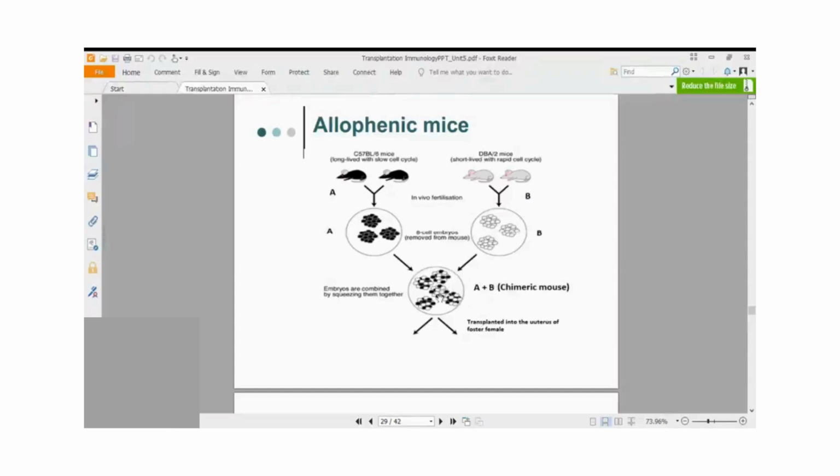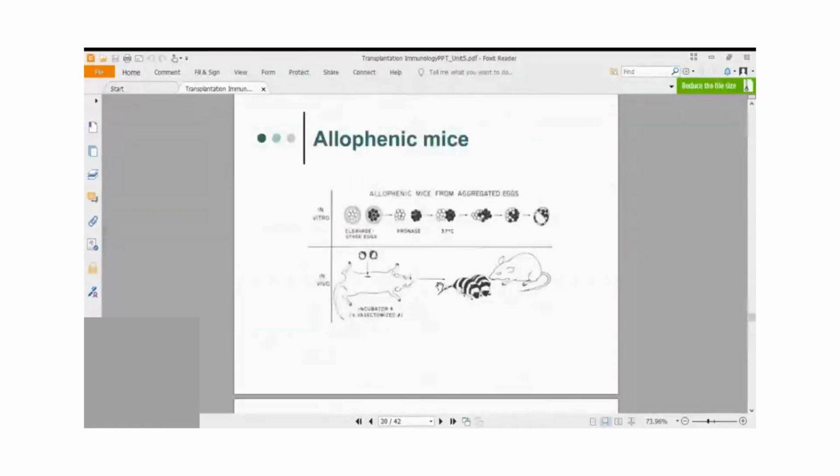When you transplant this chimeric blastocyst into a foster mother which has been made to receive it, the foster mother will give birth to pups, and they will have the expression of both the pigments because of mosaicism.